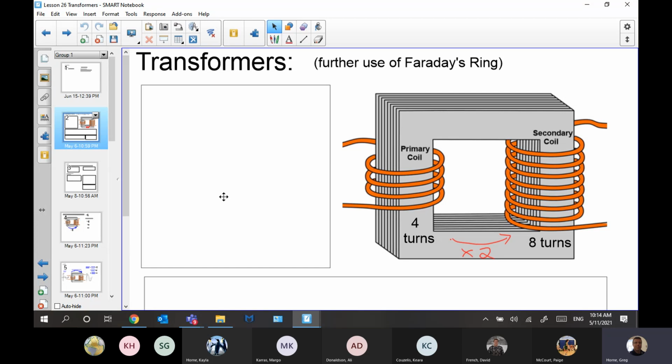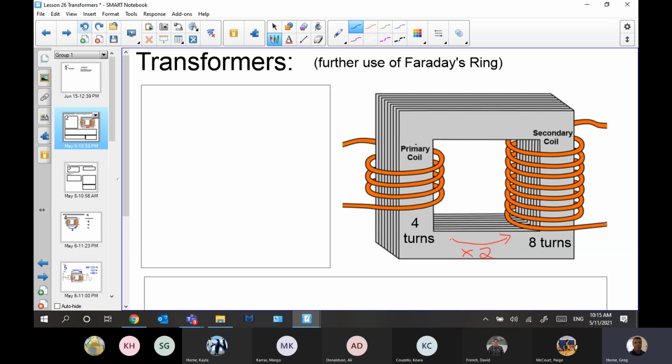So this is it. Okay, transformers, and it's a further use or application of Faraday's ring. This Faraday's ring here has a coil on this side. We can call it the primary coil, and we can call this one the secondary coil, but you can use them in either direction, right? The primary coil is the one with the voltage applied. Whatever we call the primary coil, I'm almost putting it in quotes here.